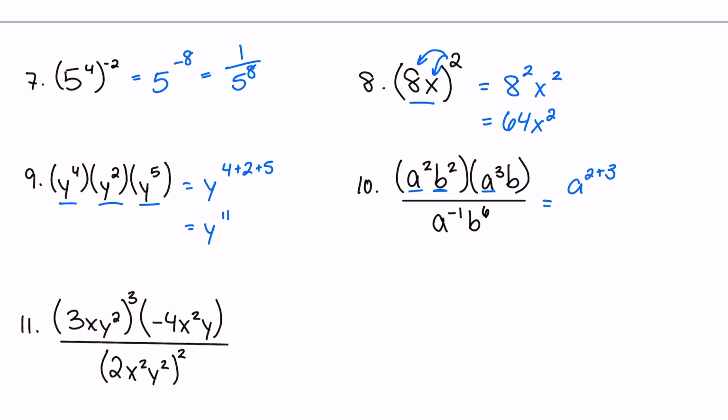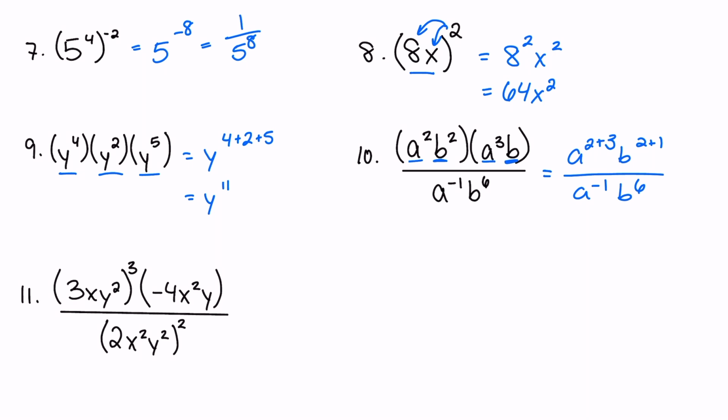And these are both b's, so they have the same base, so we can also add their exponents. So that's going to be b to the 2 plus 1. And this is all going to be divided by a to the negative 1 and b to the positive 6. So we end up with a to the 5 times b to the 3 divided by a to the negative 1 times b to the 6.